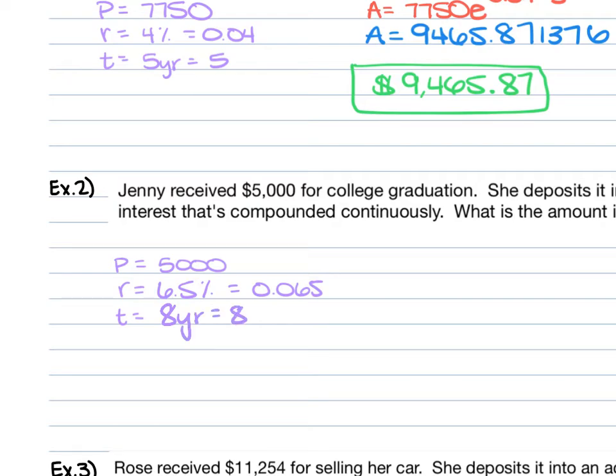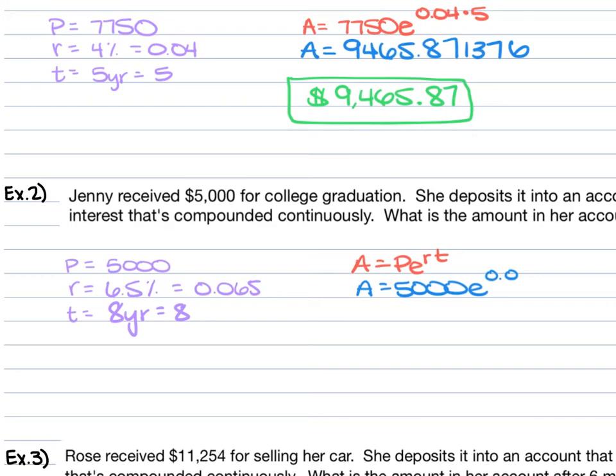So plug it into your formula. A is equal to P times E to the power of R times T. Our P is 5,000 times E to the power of 0.065 times 8.